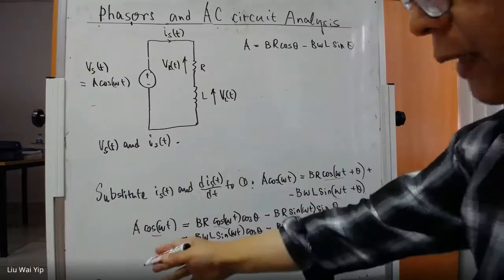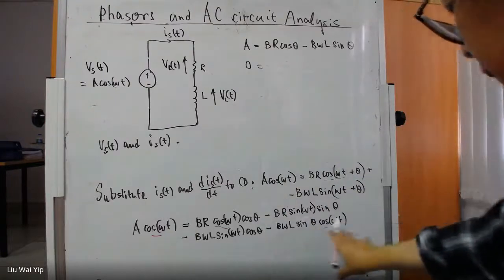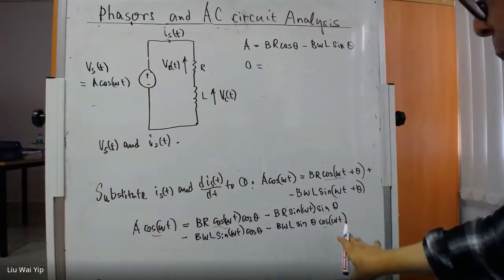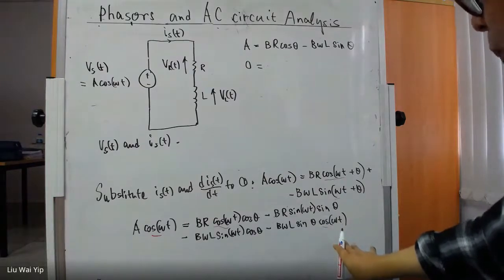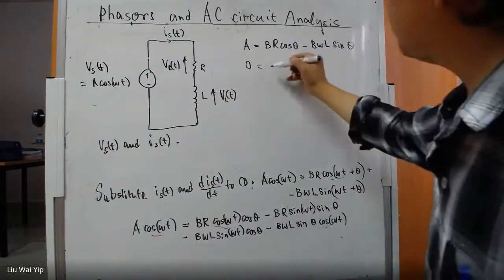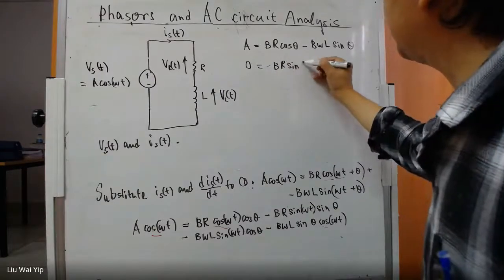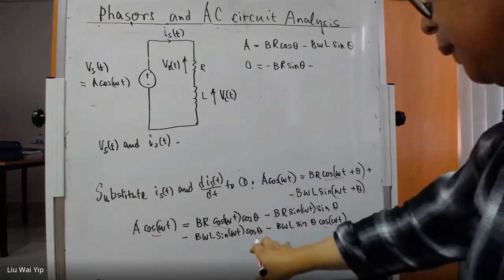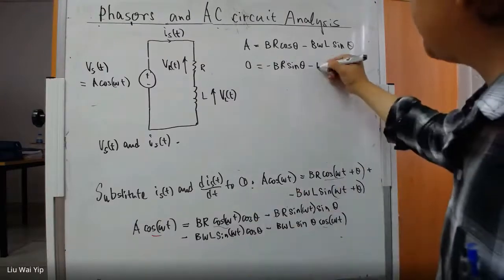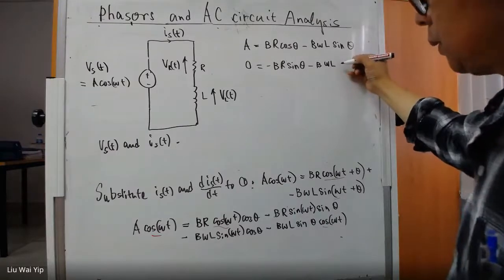On the left side, it should be 0. And on the right side, it is going to be minus B R sine theta, and then minus B omega L cos theta.